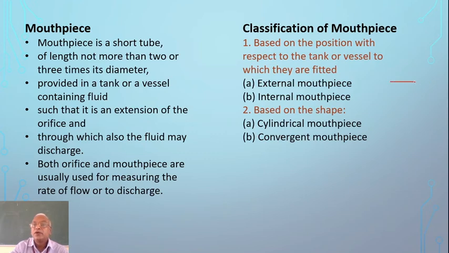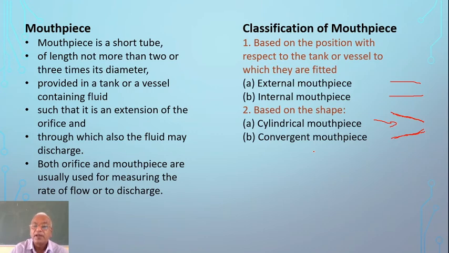The normal one will have an inside shape that is perfectly cylindrical, the cylindrical mouthpiece. The convergent mouthpiece will have a shape such that it enters here, and then when it comes out the diameter is slightly less.